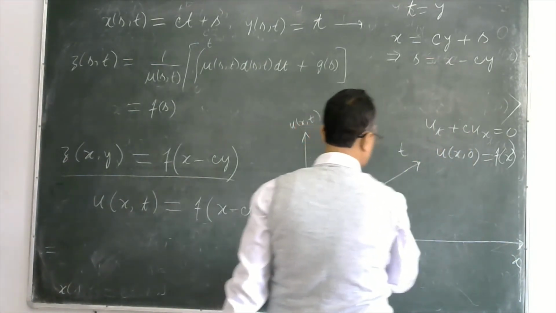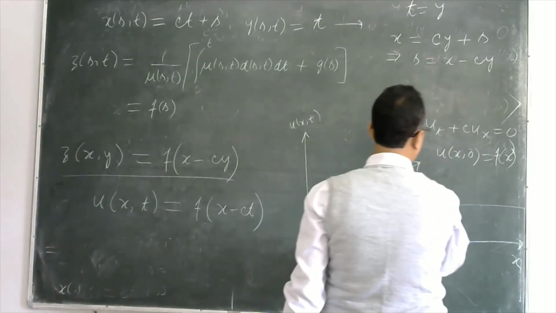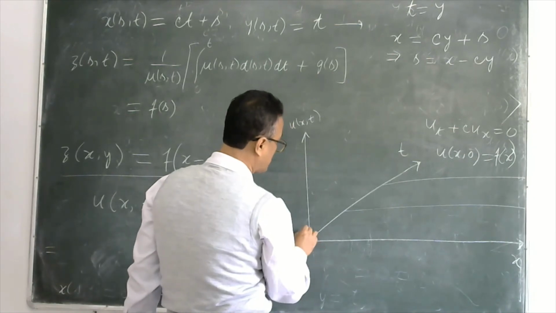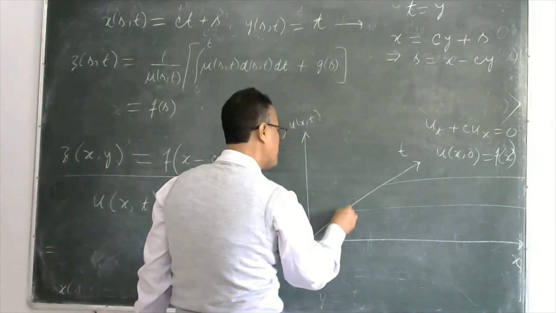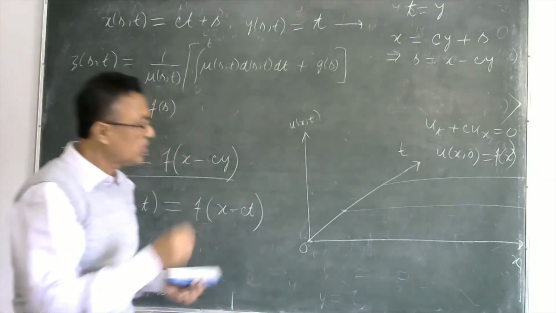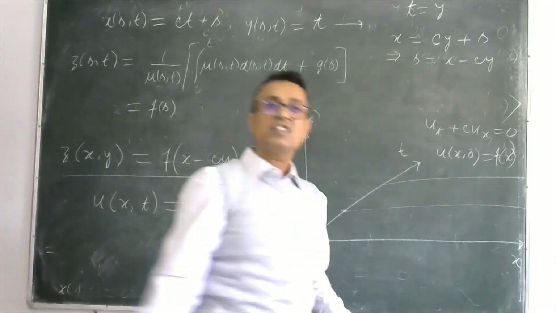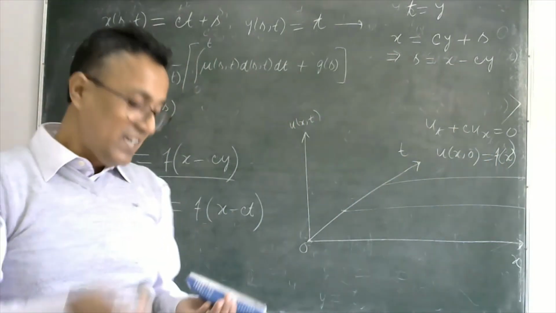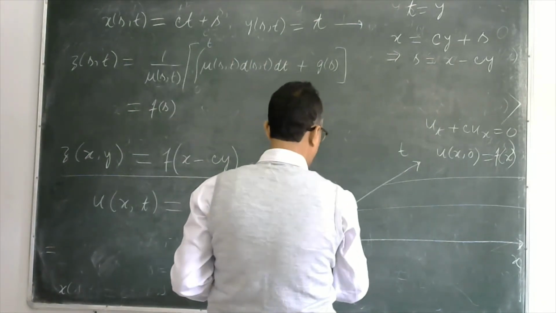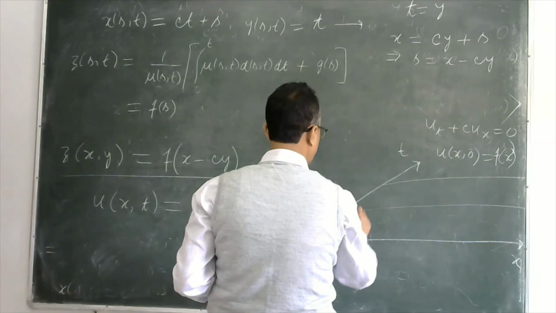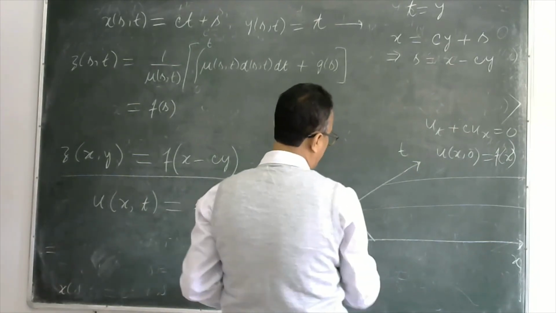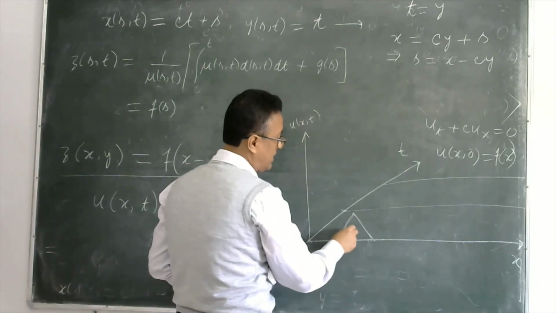So this point corresponds to t equal to 0, and t is progressing along this line. This f of x is nothing but some initial profile. Say suppose initially your profile is something like a triangle, and this is the initial profile given by f of x.